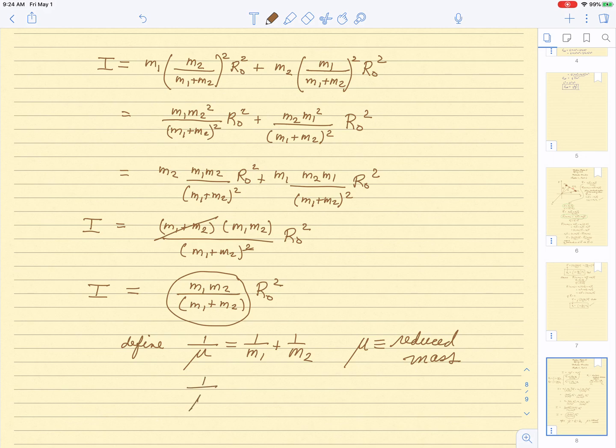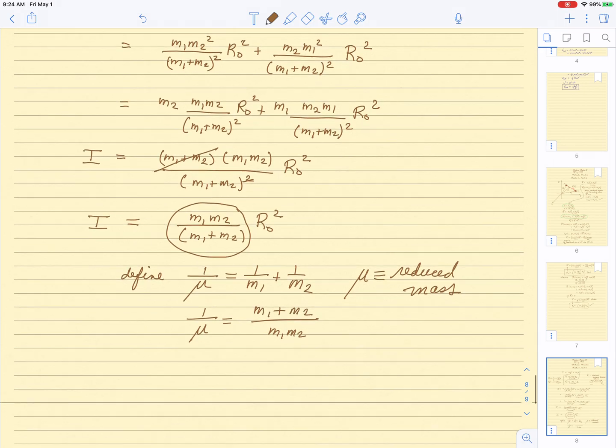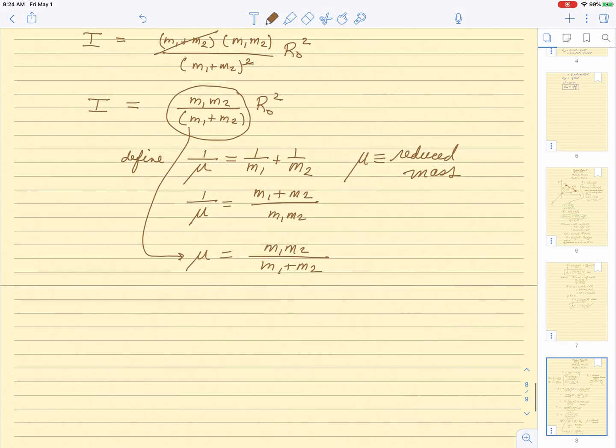And so then mu is equal to M1 M2 over M1 plus M2. Okay, and so that's that. So then what we have is that the rotational inertia is equal to the reduced mass times the atomic separation squared.